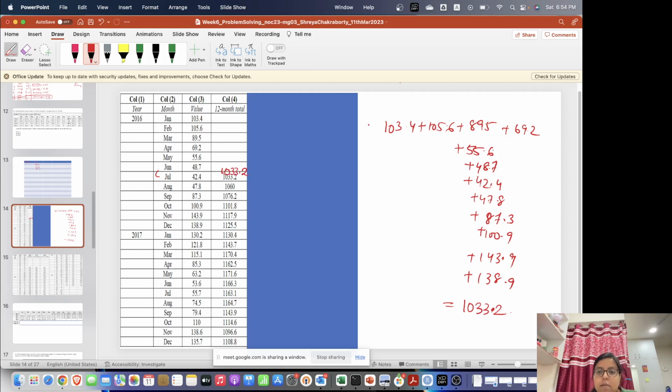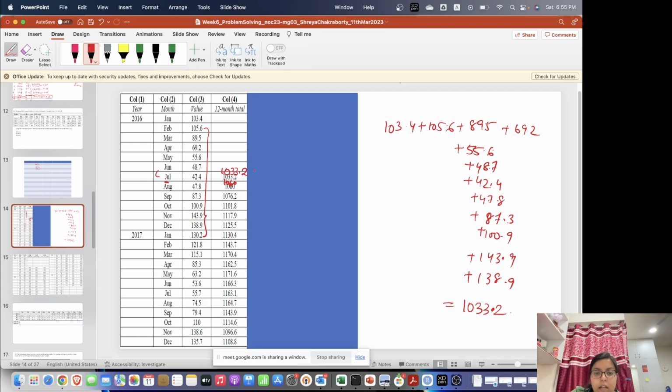Okay. Similarly, if we leave these out, then this entire thing total is 1060, that we are going to write in the middle between July and August. Okay. Now once we have all 12-point values like this, what are we going to do?